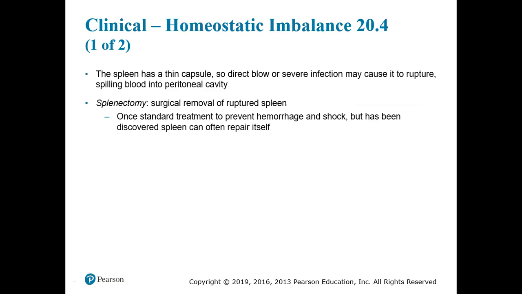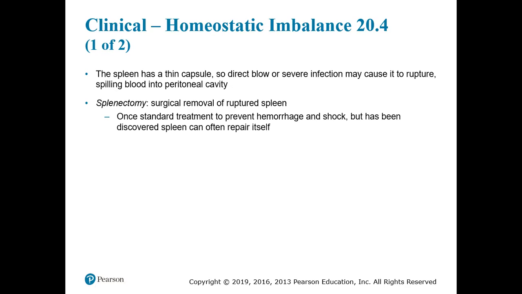Now, the spleen is not well protected. It has a very thin surrounding capsule. And this is one of the organs that has a higher prevalence of hemorrhaging, bleeding, during, let's say, a car accident, or as they use here, a direct blow.